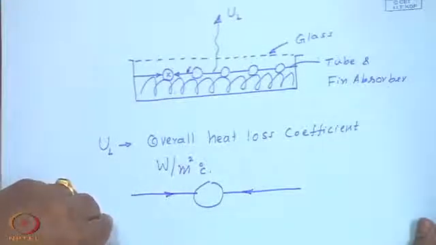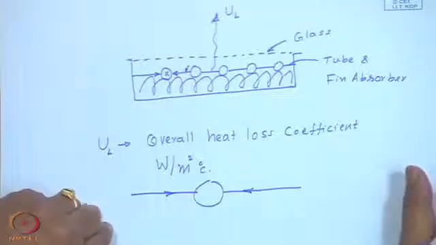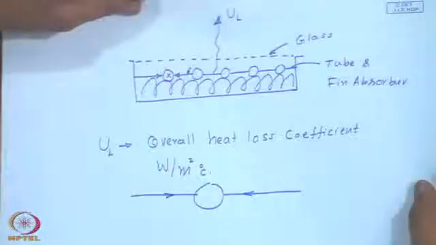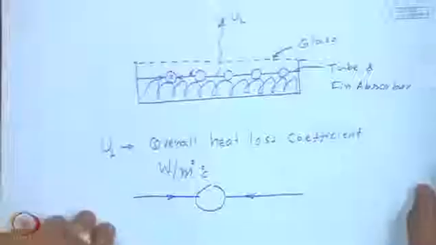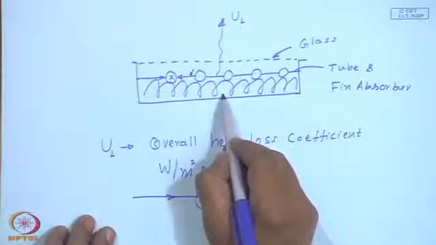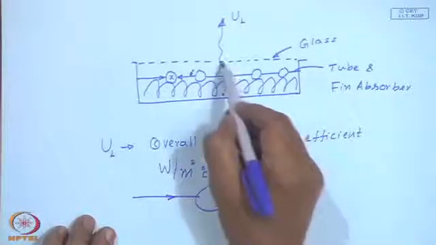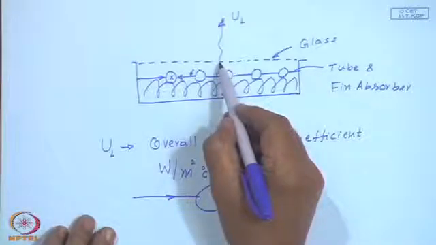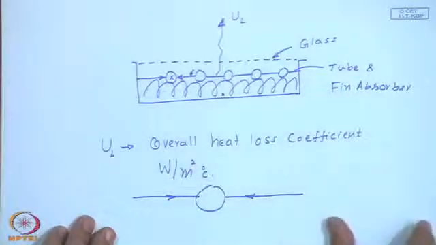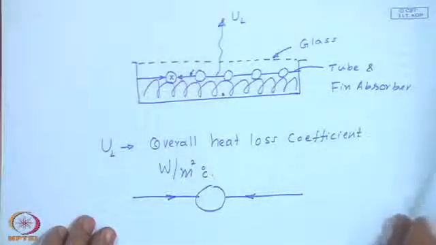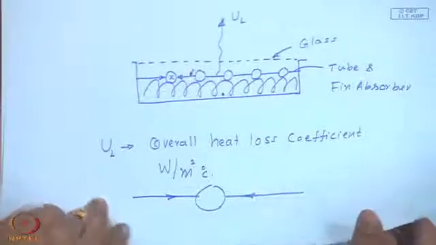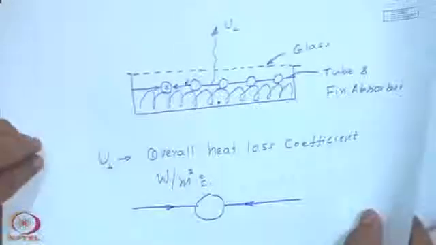This is based upon the fact that a black painted surface will absorb solar radiation more than a non-black painted absorber, and to reduce the losses we have put an insulation at the bottom and then a glass cover at the top to reduce radiation and convection losses. Still there is a certain loss taking place at the rate of UL watts per meter square degree centigrade.